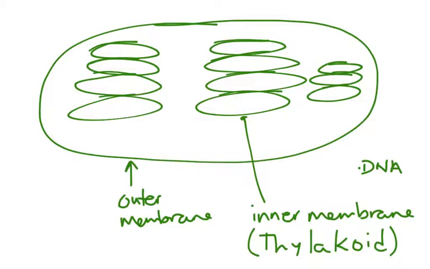So you have the inner membrane, which is a thylakoid, and then a stack of thylakoids is called a grana. And the space around here is called the stroma.